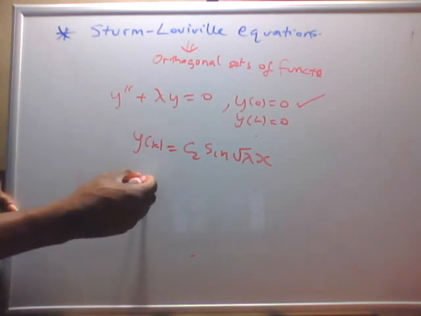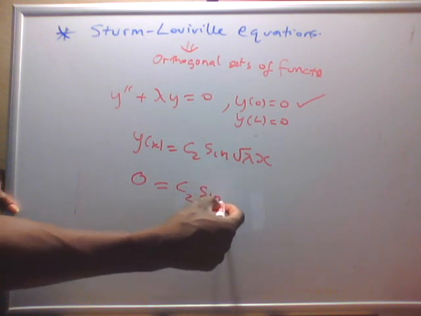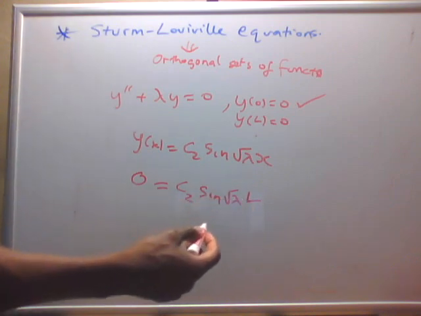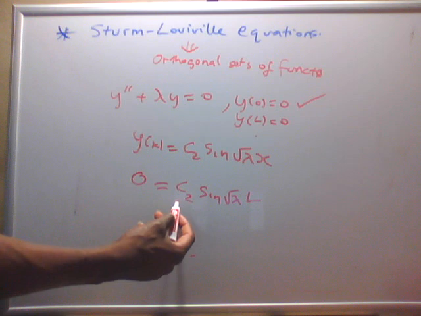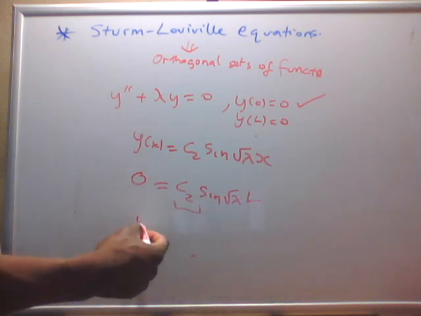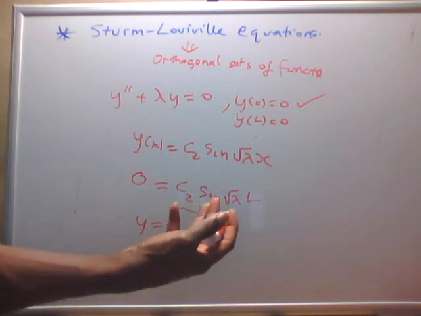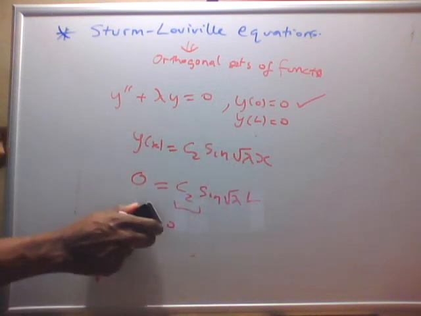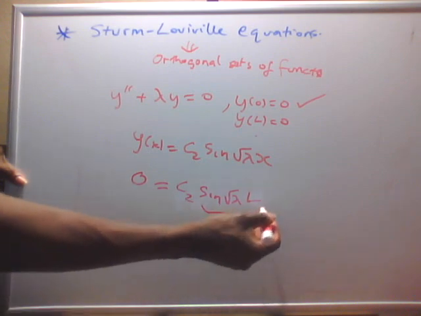What we saw was that it led to sine root lambda L. We saw that we could have had a trivial solution with C2 equal to 0, in which case all our solutions are y equals 0. It's a solution, a trivial solution, but it's not interesting enough. Let's look at the case where this is 0.